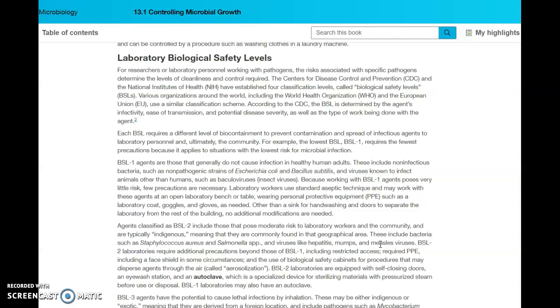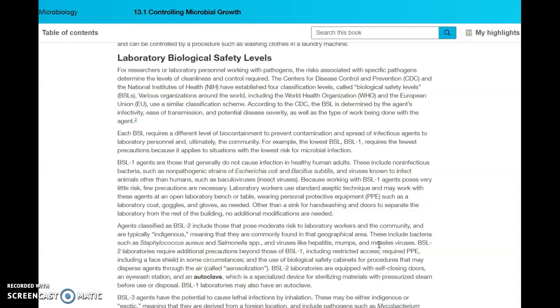And within these research facilities, there are what we refer to as biological safety levels, or BSL. And when we look at the levels of biological safety, we have to consider how effective is that agent, how is it transmitted, and how severe is the disease.